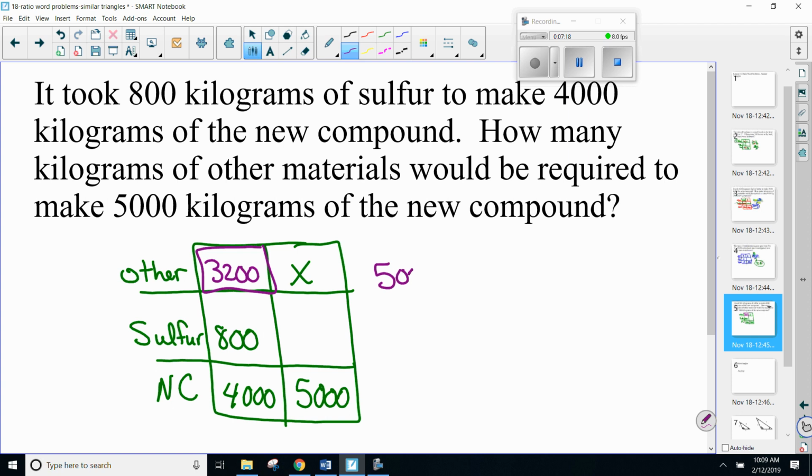So we're going to cross multiply and divide. Again, some of you make this difficult calculation. Get rid of your zeros. And 4 goes into 3,200 800 times, and 800 times 5 is 4,000.